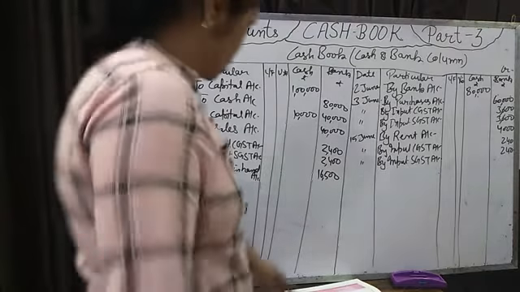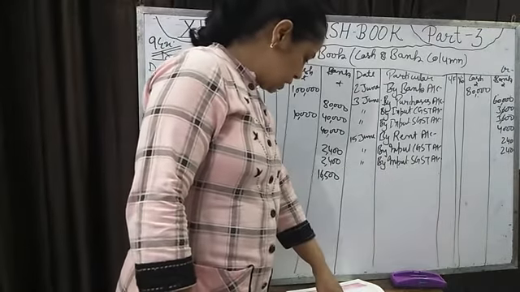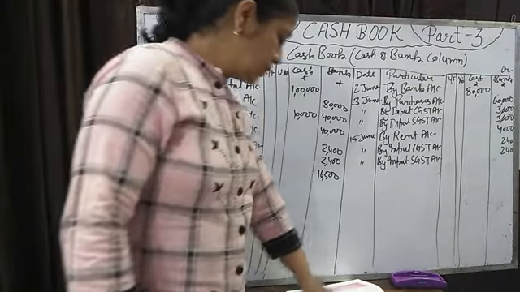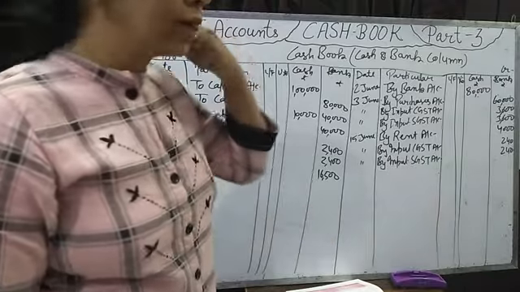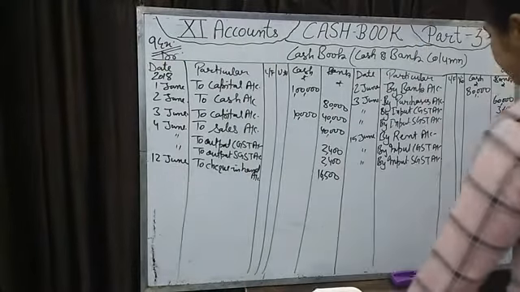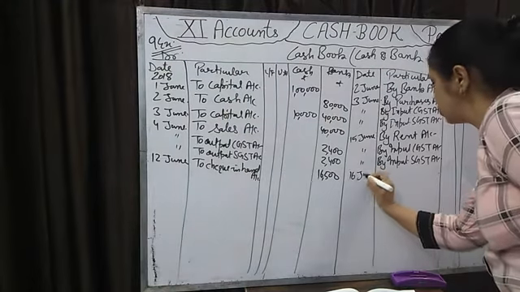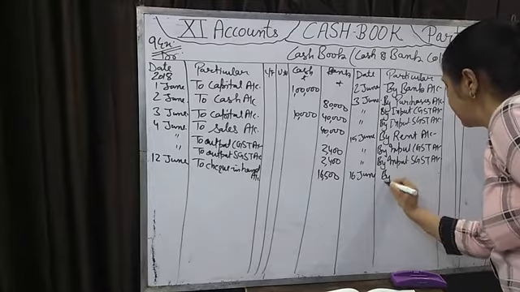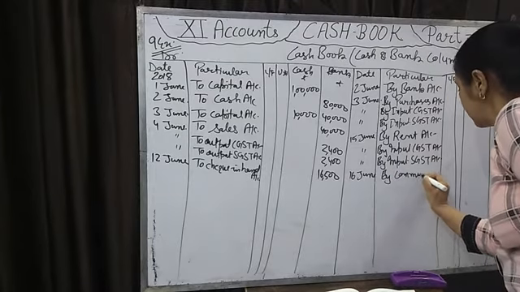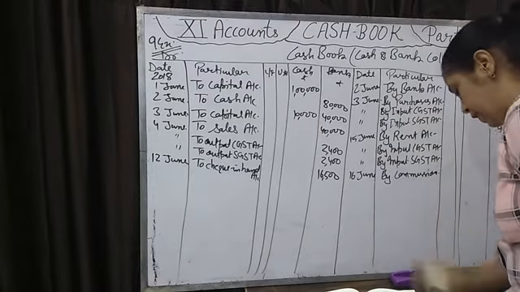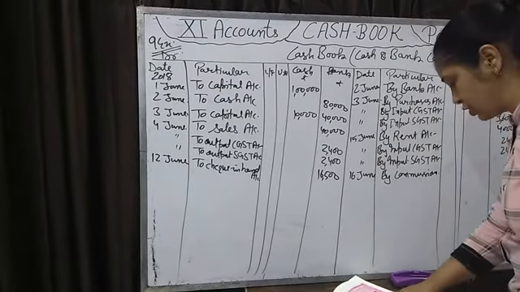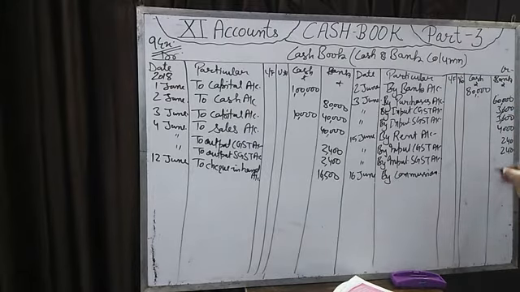Now our next transaction is on 16th June, paid commission by check. Again a payment, that also we will write in the credit side on 16th June by commission. This is also a payment by check, so we will write in the bank column.